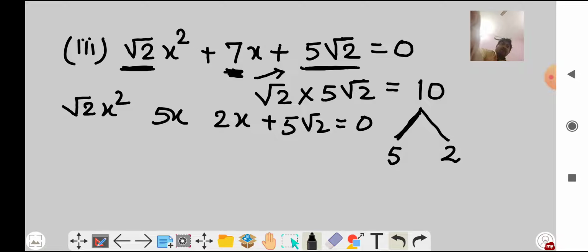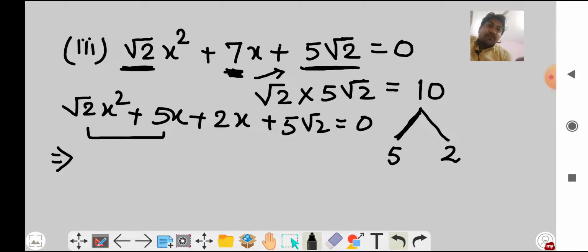See, now we have to make 7x. So just we have to add. Is it clear, guys? See, now what is common in these two terms? I think it is x. If you take x common from the first term, it will remain root 2x.